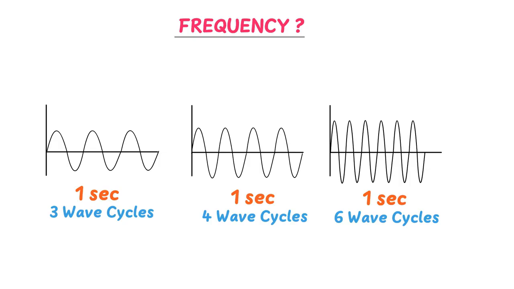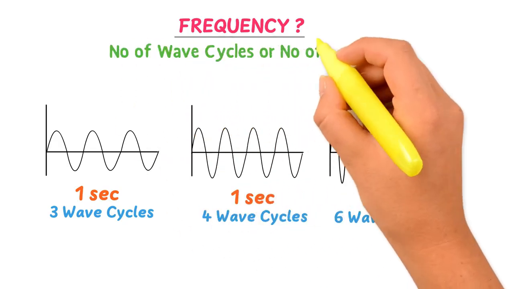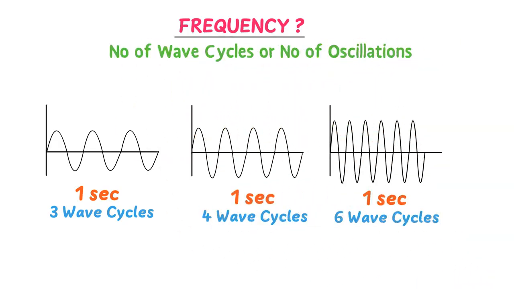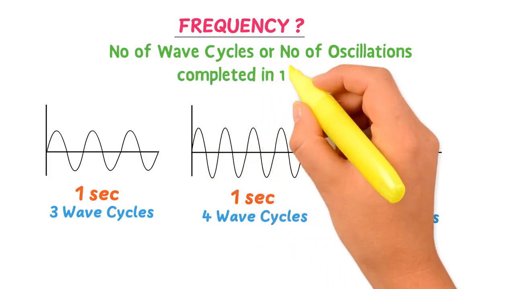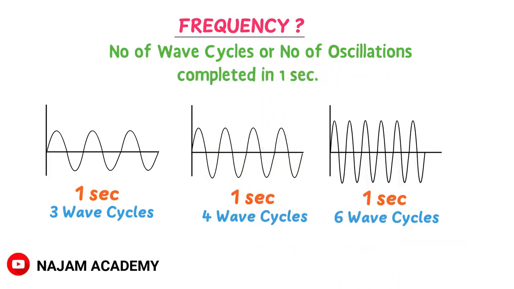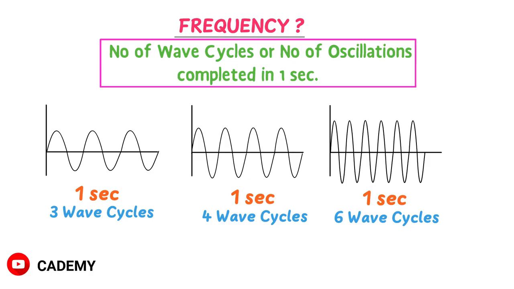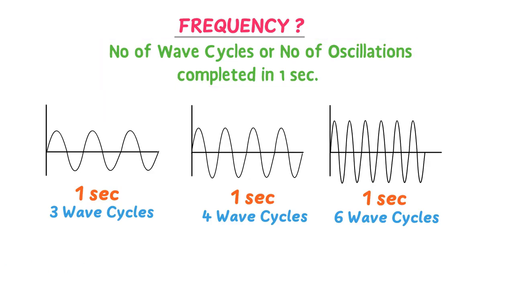We define frequency as the number of wave cycles or number of oscillations completed in 1 second. Let me repeat it. Number of wave cycles or number of oscillations completed in 1 second.